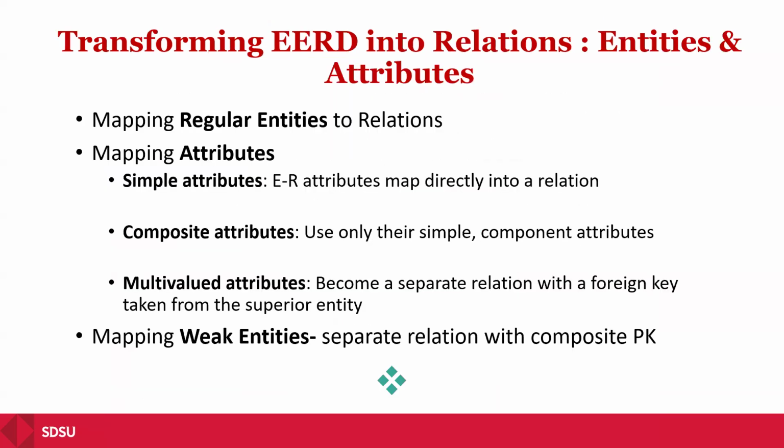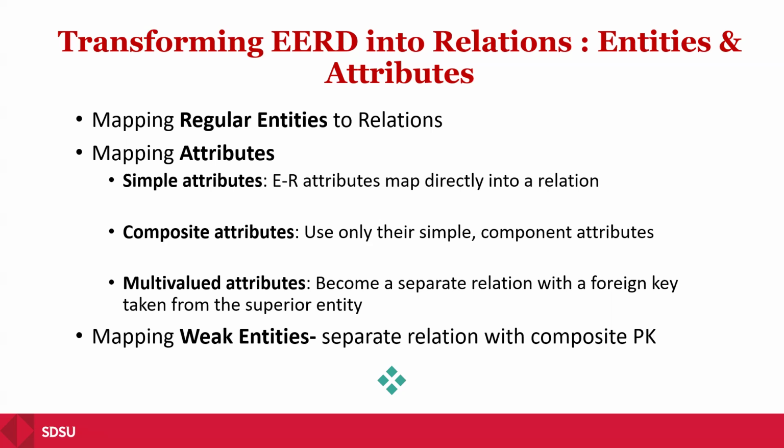The way we are going to transform enhanced entity relationship diagrams or regular entity relationship diagrams into relations, we will need to do several mappings for entities and attributes. We will be mapping regular entities to relations. We will also be mapping attributes.